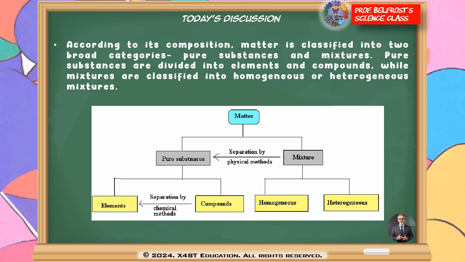You can see the picture. Mixtures can be separated by physical methods to make pure substances, for example evaporation, filtration, whatever. There are many. We'll learn them later in maybe two or three next videos. Also, compounds can be separated by chemical methods to obtain elements.